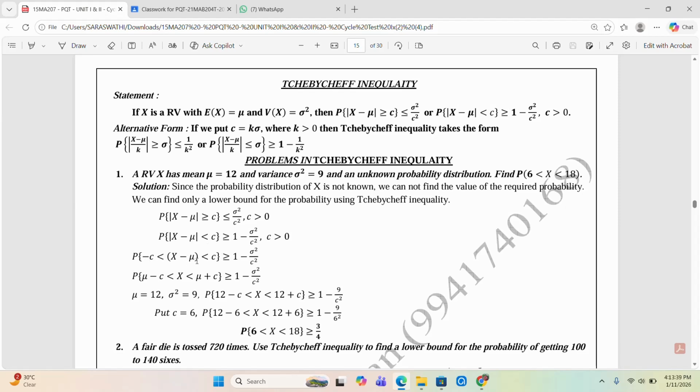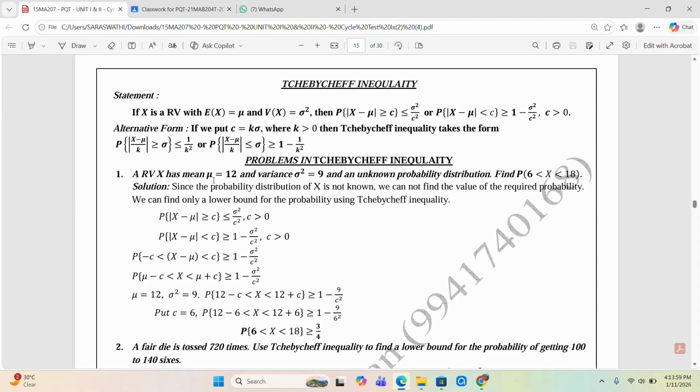Minus mu plus mu becomes 0, leaving X. So this will be mu - c < X < mu + c, which is greater than or equal to 1 - sigma square by c square.